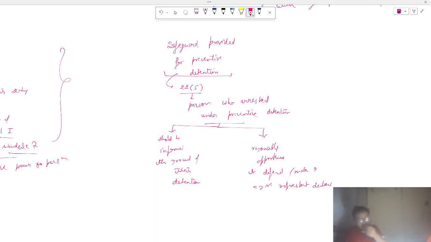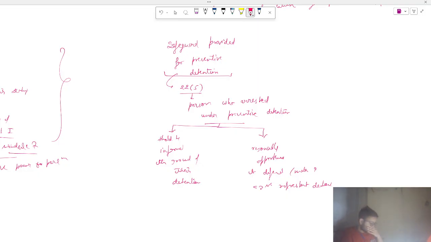So basically, a person arrested under preventive detention has the right to get informed of the grounds of their detention first. Second, he has the right to represent himself against the detention. So these are the two rights mentioned under Article 22 clause 5.